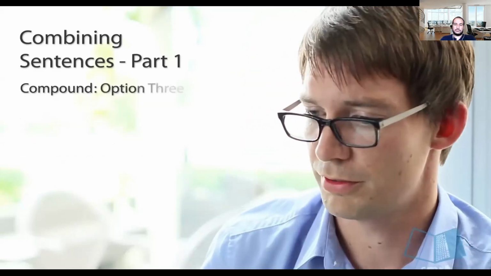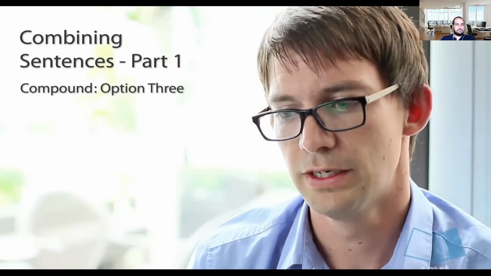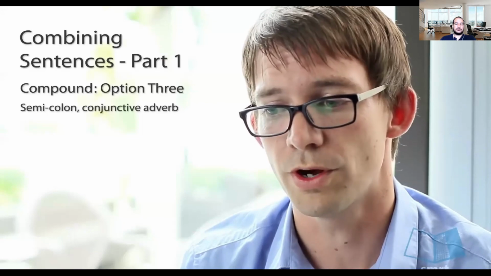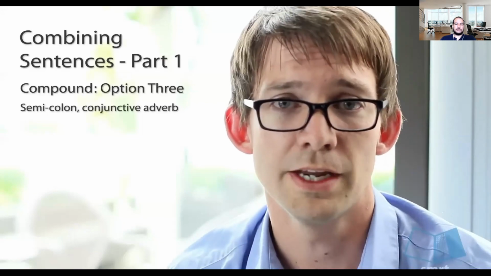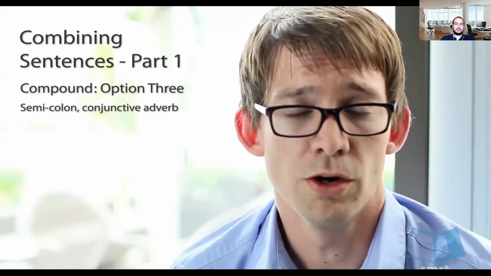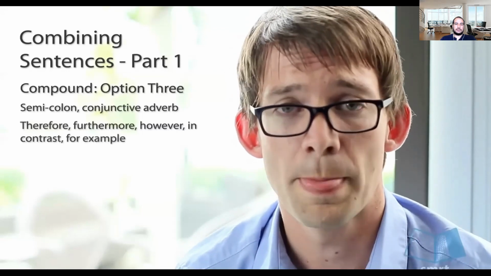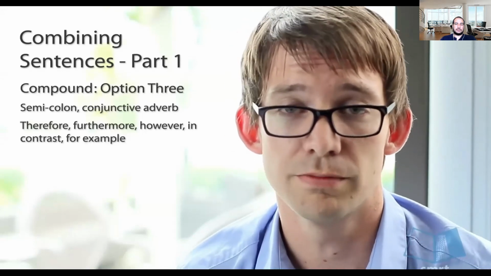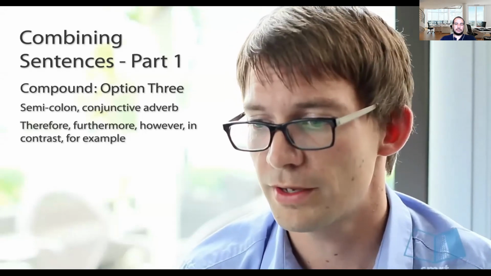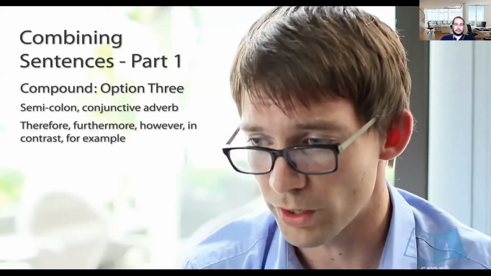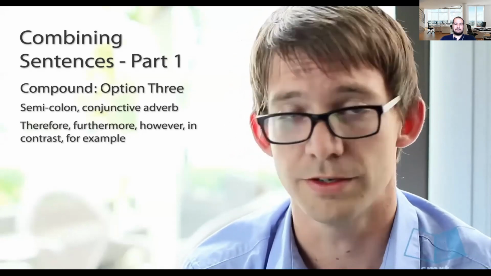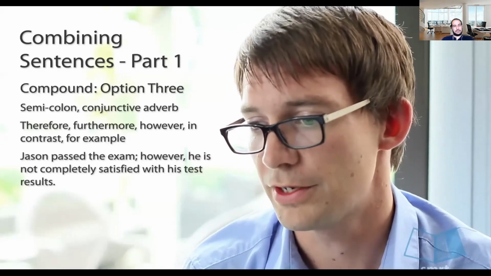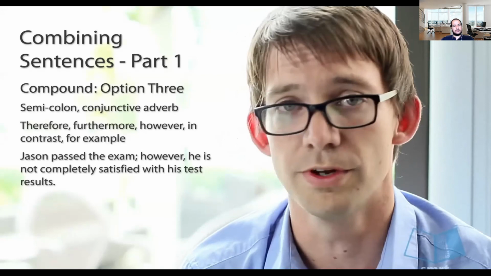Now, the third option for making a compound sentence is using a semicolon with a word that we call a conjunctive adverb. Now, by conjunctive adverb, I mean a word like therefore, however, as a result, consequently, and so on. Now, if you use a semicolon with that, one of these words, you make a compound sentence. For example, Jason passed the exam, however, he is not completely satisfied with his test results.